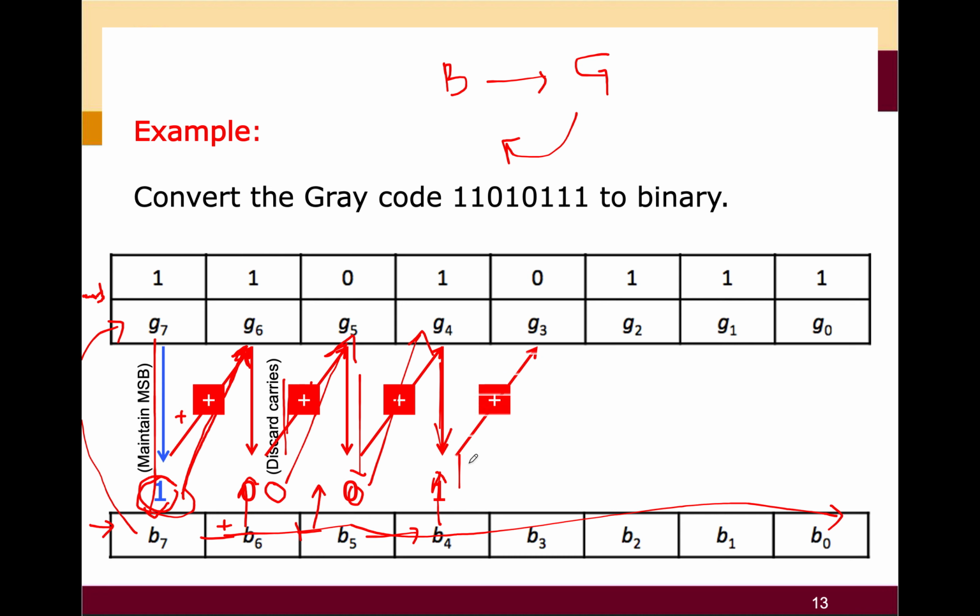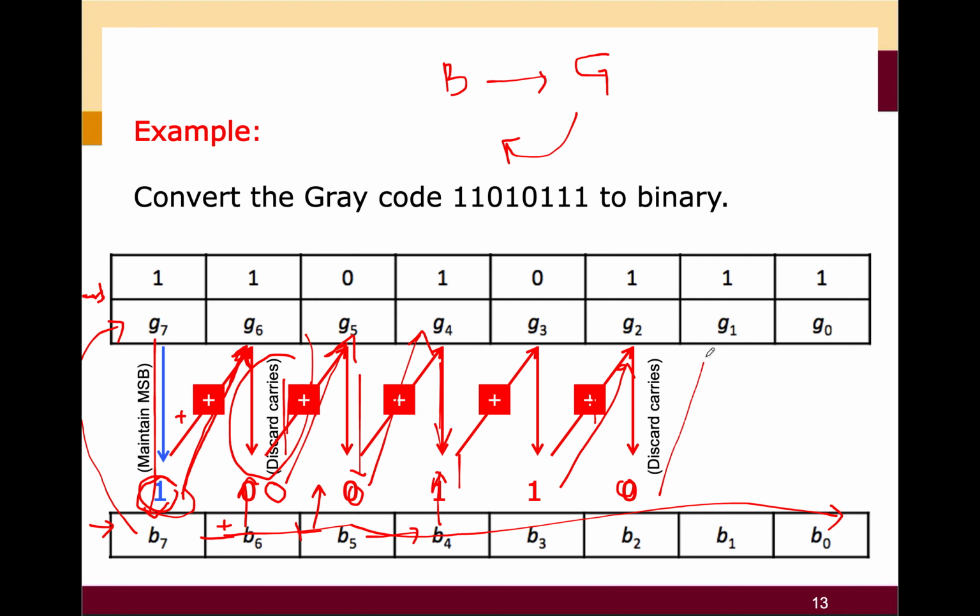Next is 0 plus 1, also 1, and then 1 plus 1, you get the discharge carry, and you get a 0 over here. Similarly here, 0 plus 1, you get 1, and 1 plus 1, you get 0 as a discharge carry scenario.